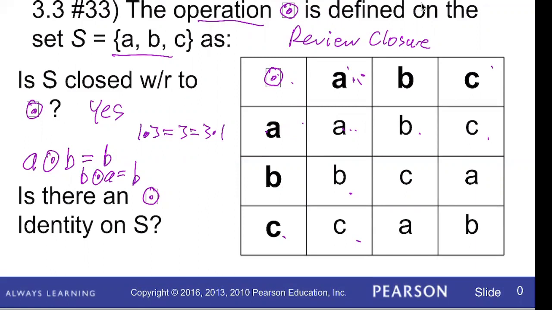Anyway, it looks like A is the identity because A target B is B, B target A is also B. A target C is C, C target A is also C. So it's working as the identity as well.